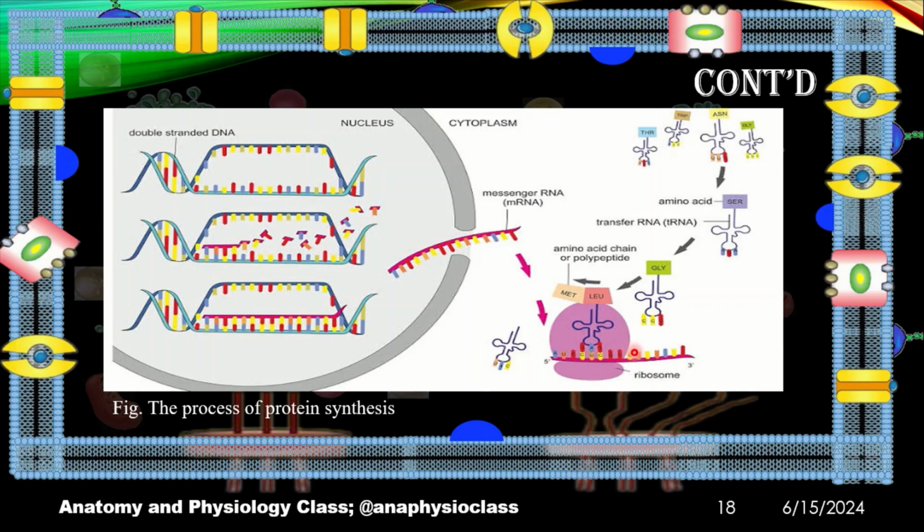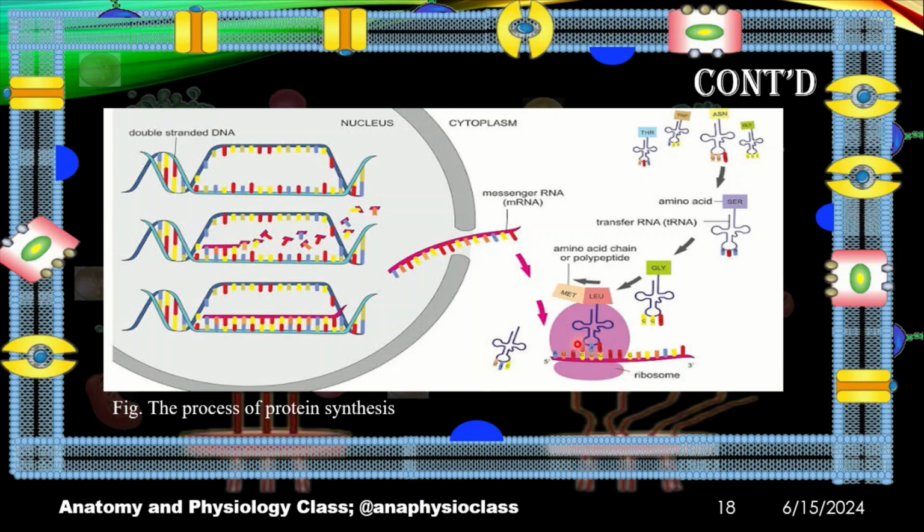Then transfer RNA will be carrying different subunits of proteins, which are the amino acids or building blocks of protein, and it will be reading the code of messenger RNA. That is the decoding of messenger RNA into protein.